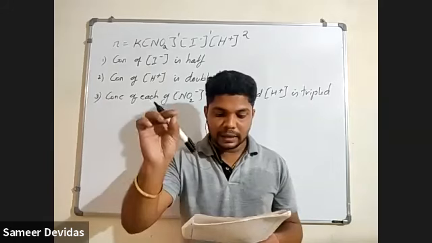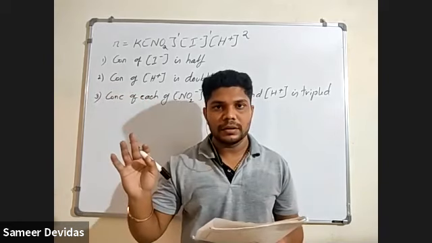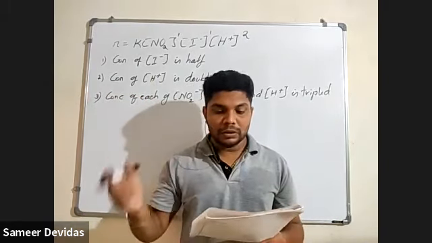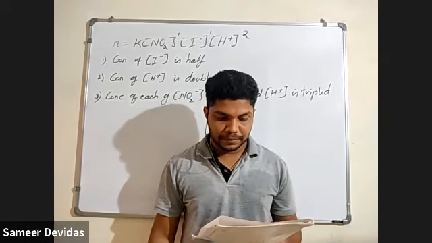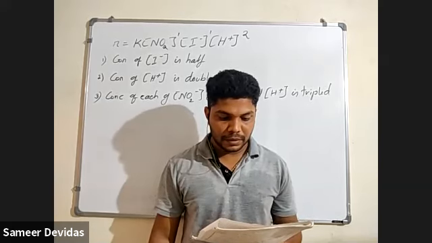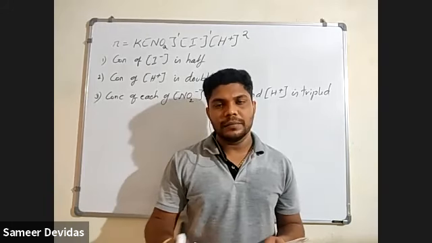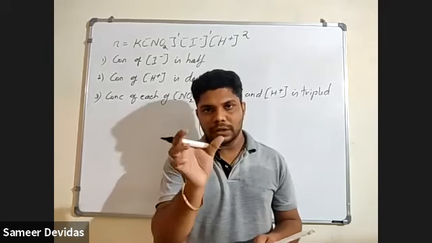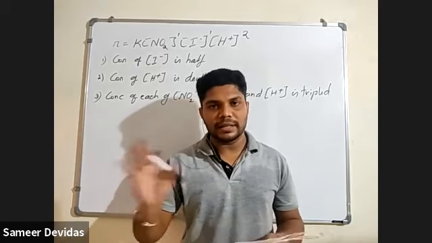One more thing you write down there: rate constant is also called the specific reaction rate. Either they can use the word rate constant or the word specific reaction rate. It is one and the same. Clear?